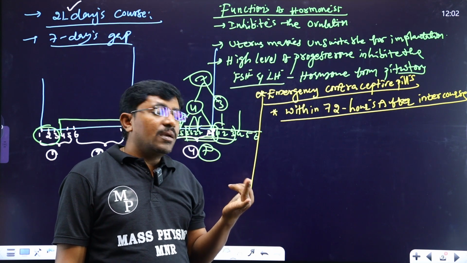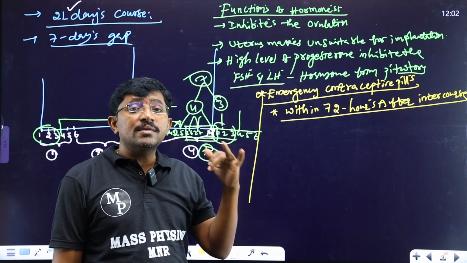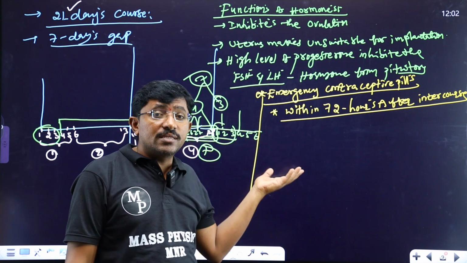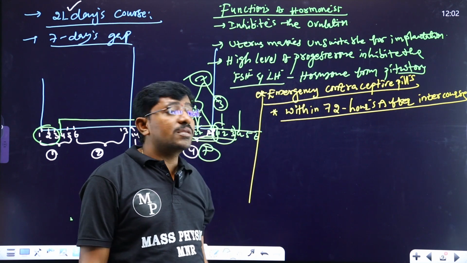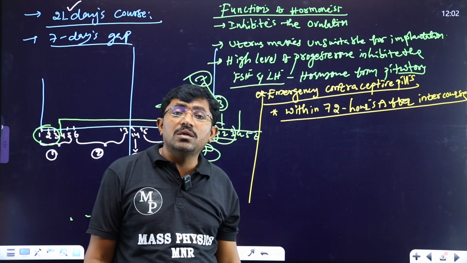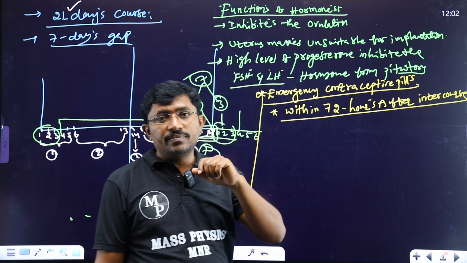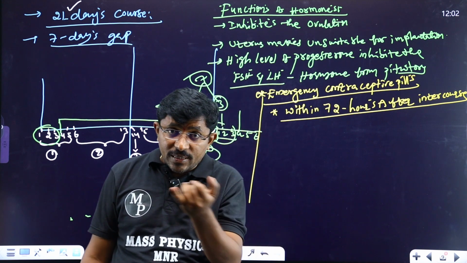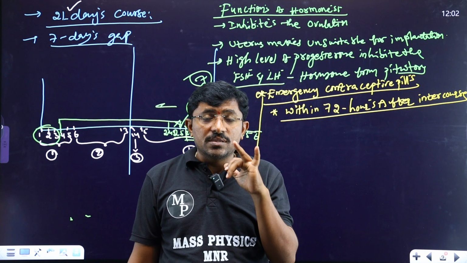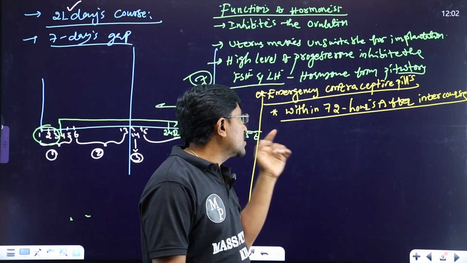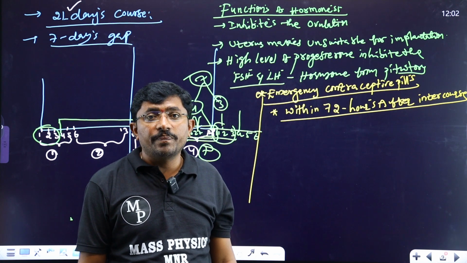And second, in rape cases, to prevent pregnancy. For these two purposes, emergency contraceptive methods are used within 72 hours after intercourse.